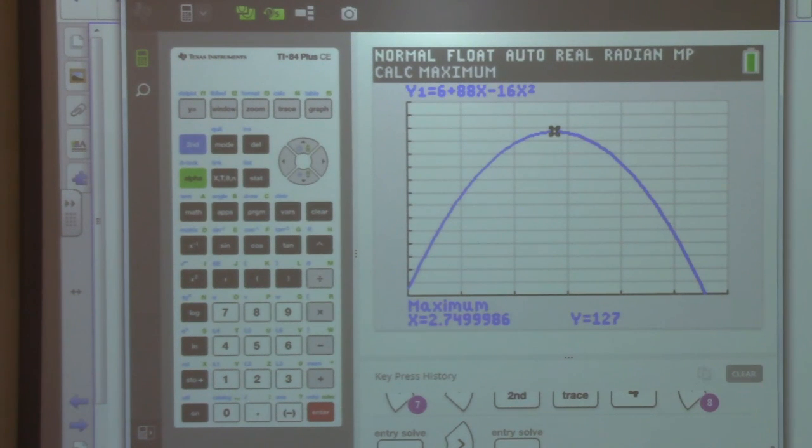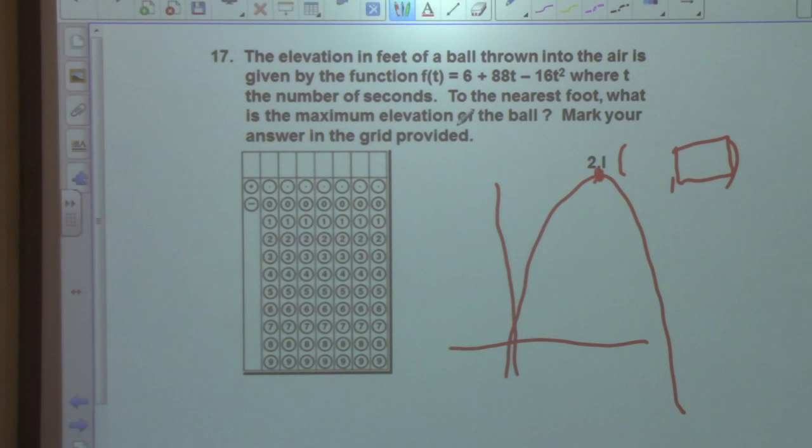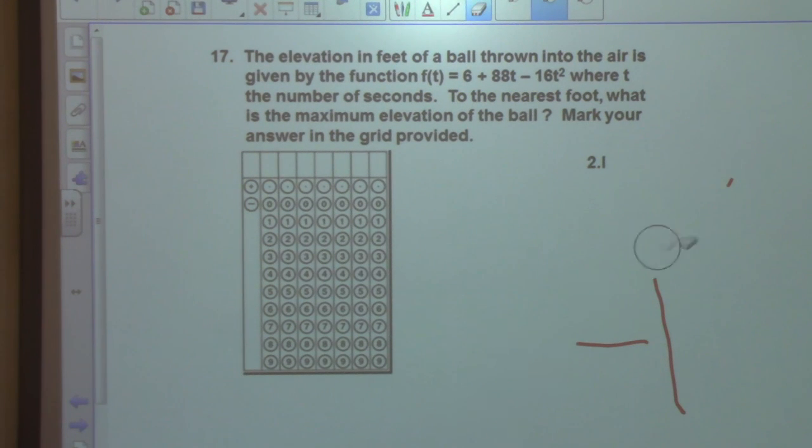I don't know if that's a problem for anybody here. And then, of course, 127 would be the y coordinate, so you'd fill in the 127 like this. Okay?